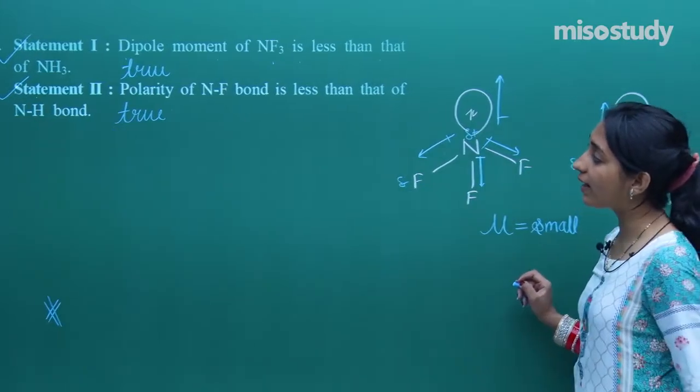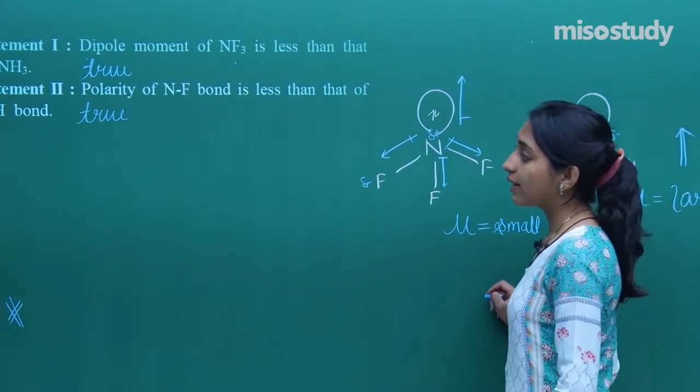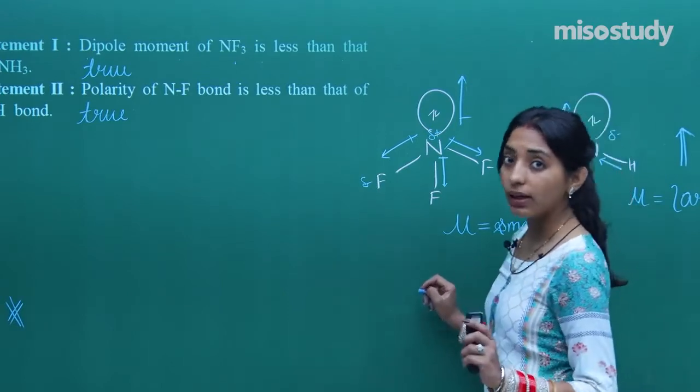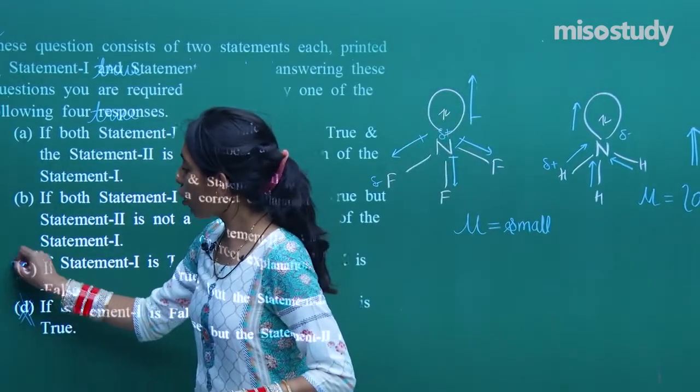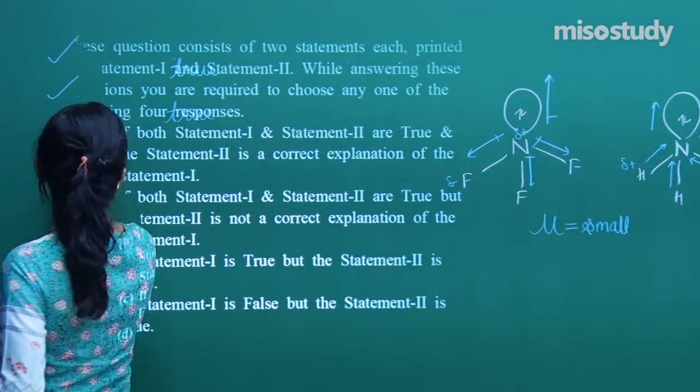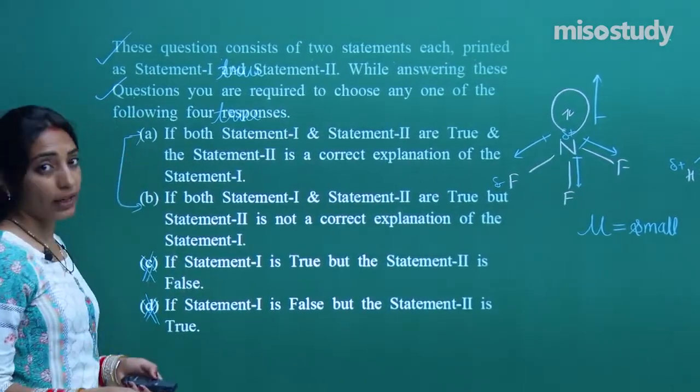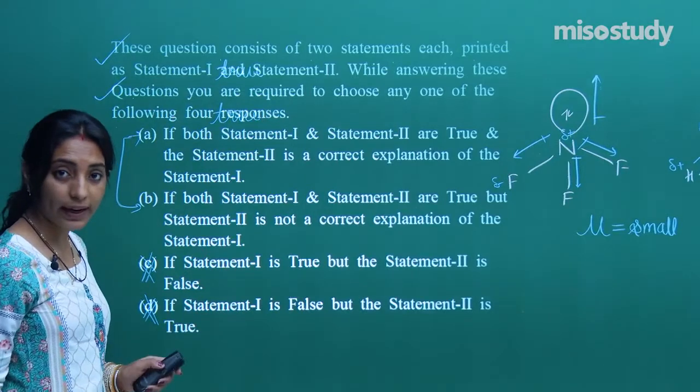Let me check again. The polarity of NF bond is less than that of NH bond and that is a correct explanation. So this is wrong option. Now either we have to choose between A or we have to choose between B, right.